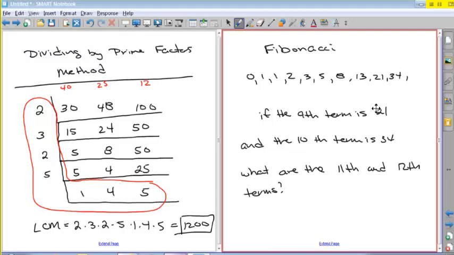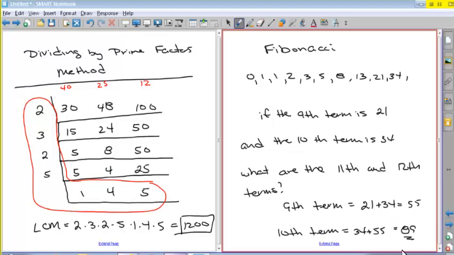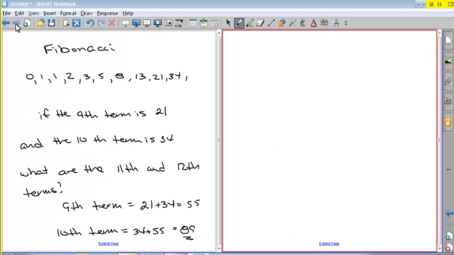So all you have to do is you'd say the 11th term equals 21 plus 34, which is 55, and the 12th term is 34 plus 55, because that's the last two, which would be 89. Okay, so that's what I'm looking for you to be able to do.